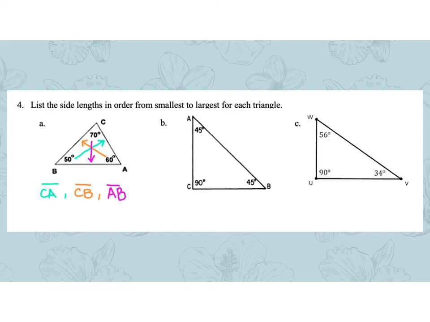For B, I see two angles that are 45 degrees. Since these are both the same angle measurement, we will draw an arrow across from both of them to the opposite sides.